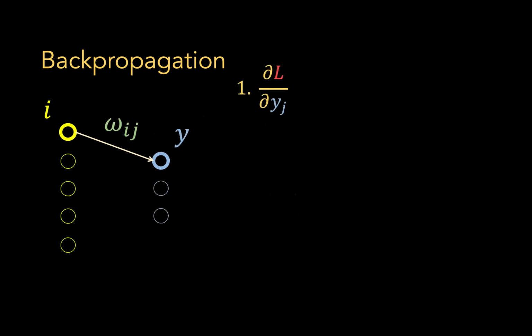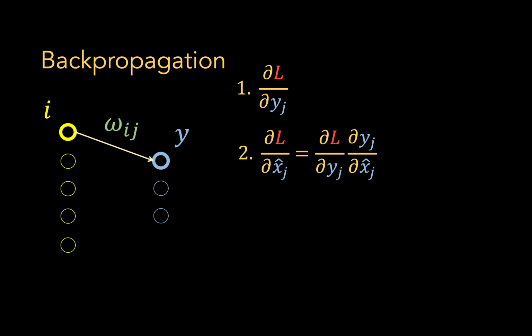The first step in this procedure is to calculate the gradient of loss with respect to the output of neuron j. This would just depend on the form of the loss function, so it is easily calculable. Then, we work out the gradient with respect to the pre-activated output of neuron j.